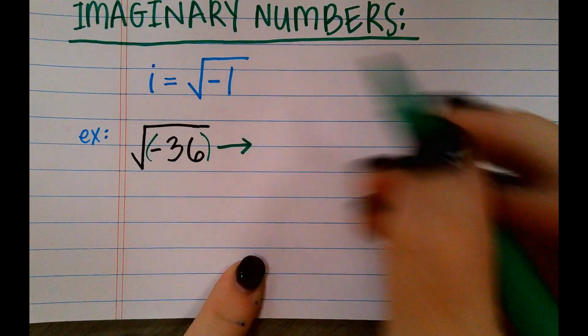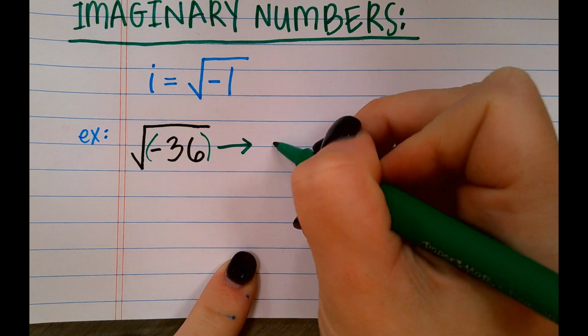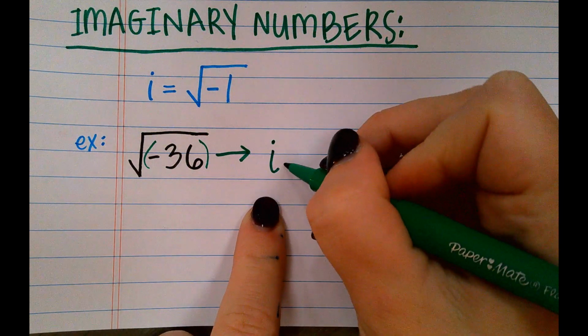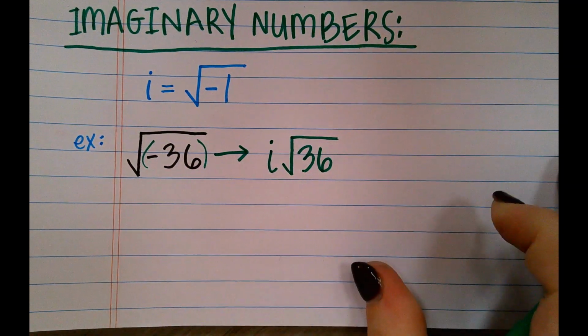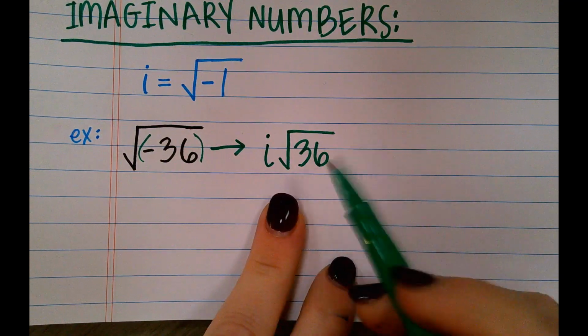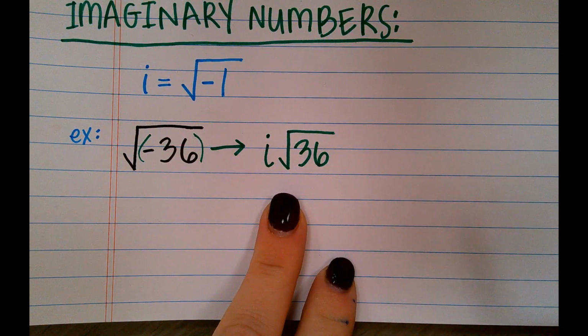So what we do instead is we change this into an i with the square root of 36. And now I can solve this. What is the square root of 36? 6.